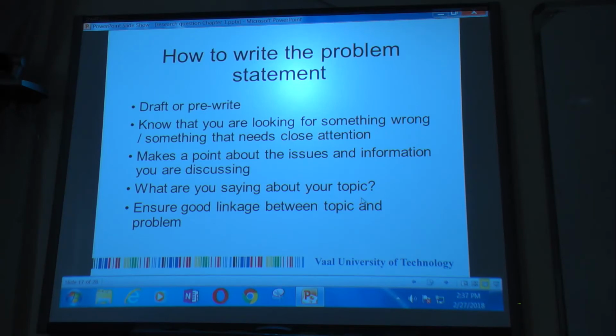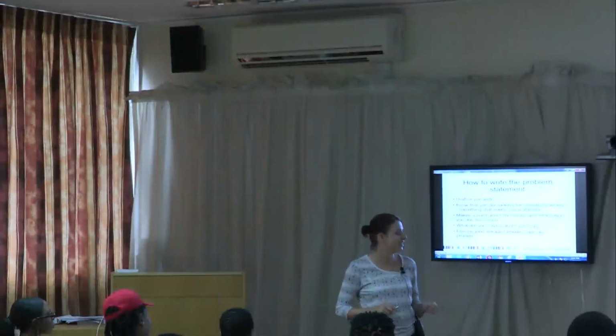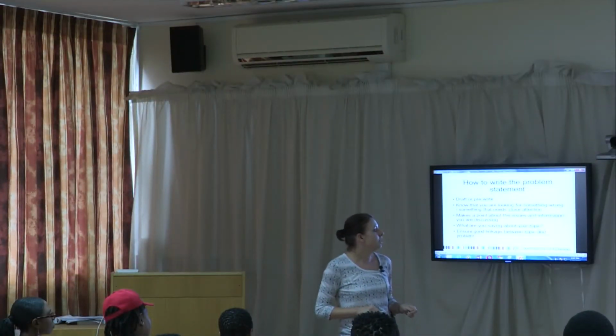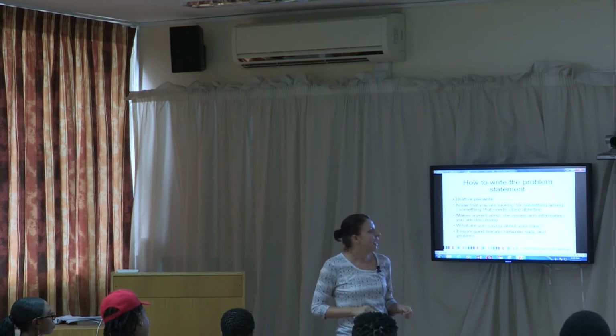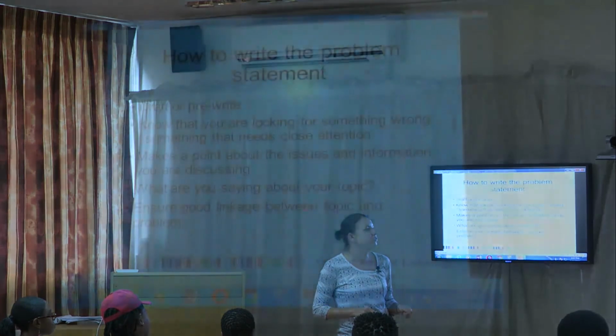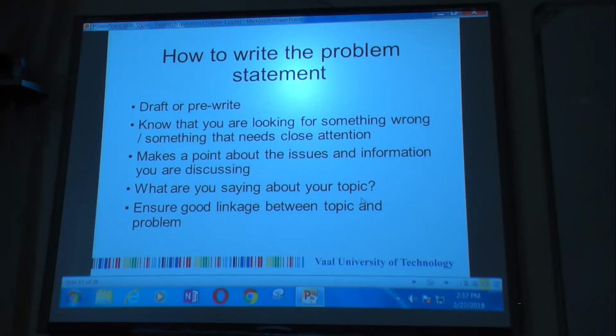So you're going to refer briefly in your problem statement to a similar study that might have been conducted, to support that this is something important to do. The research is needed. You need to think about your topic and talk a bit about it in your problem statement, and ensure that there's a linkage between the topic and the problem. Your topic, title and problem go together. I'm going to illustrate an example so that you can understand.